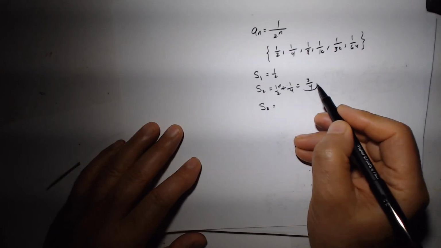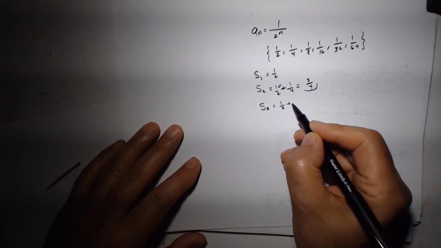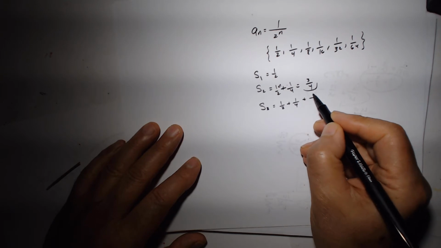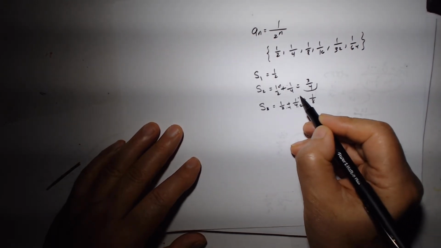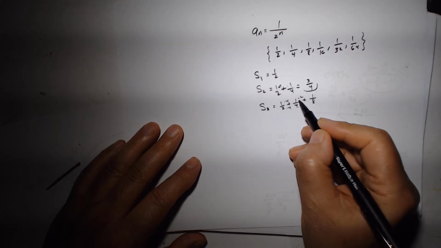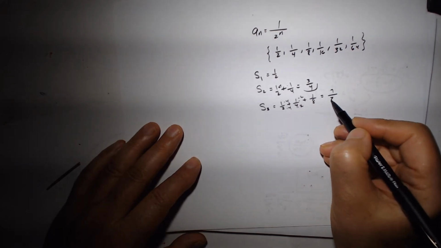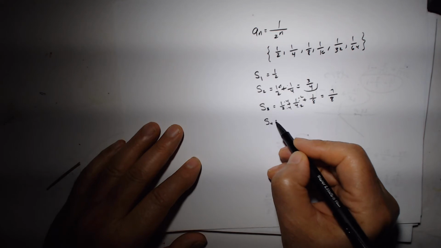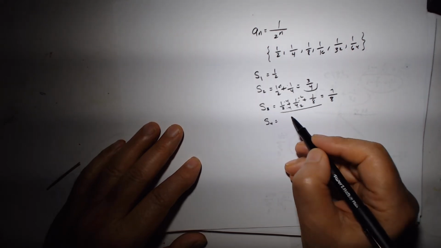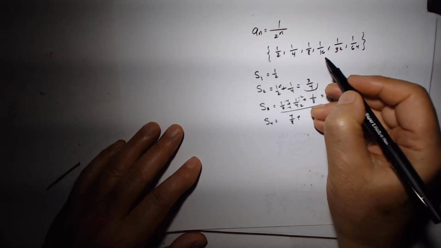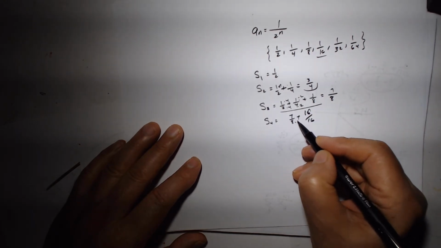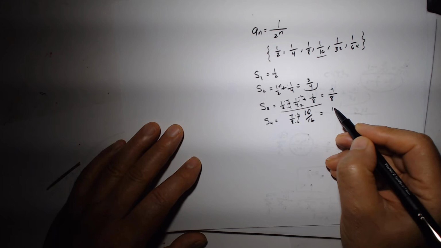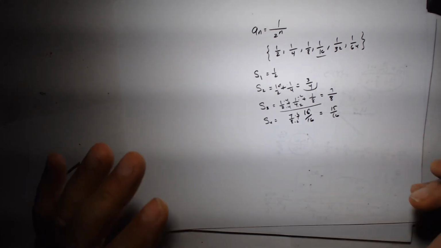Well, the first 2 is 3/4, and the third one is 1/8. Therefore, 6 plus 1 is 7/8. The fourth one is the first 3 plus 1 over 16. I multiply by 2, and that becomes 15 over 16.